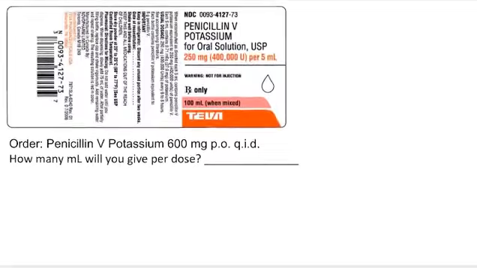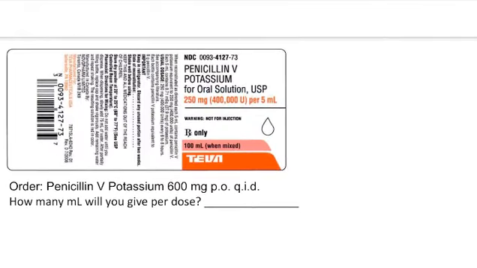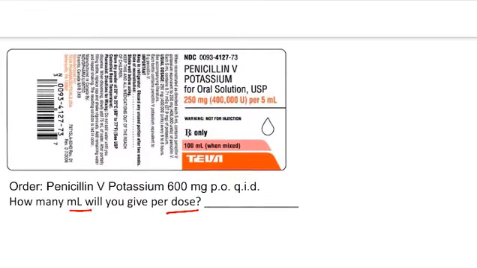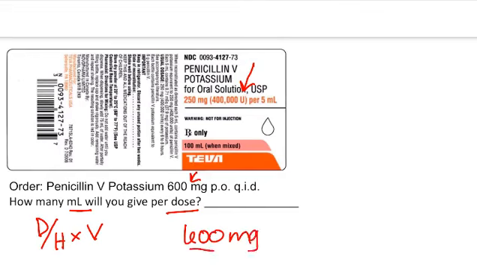Last one. Question is asking me mils per dose. Again, mils per dose. I need to know my doctor's order, and I need to know my label concentration. D over H times V question. What's my doctor's order? 600 milligrams. I'm going to go to my label, and again, I see milligrams, I see units.